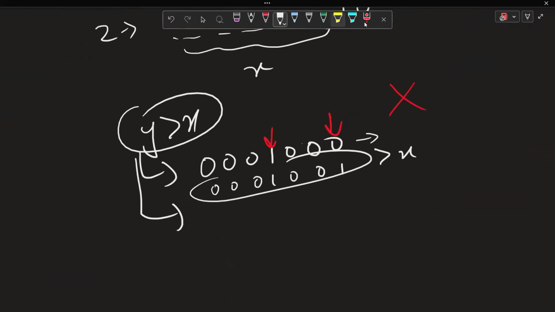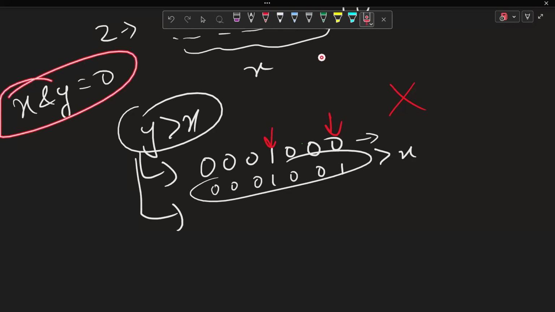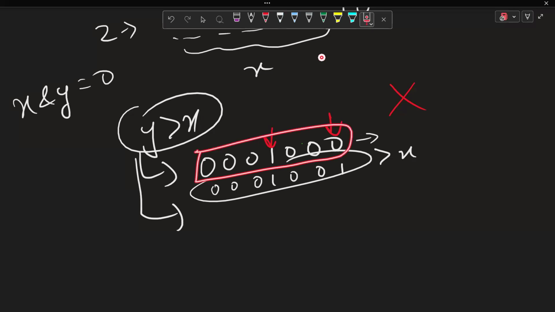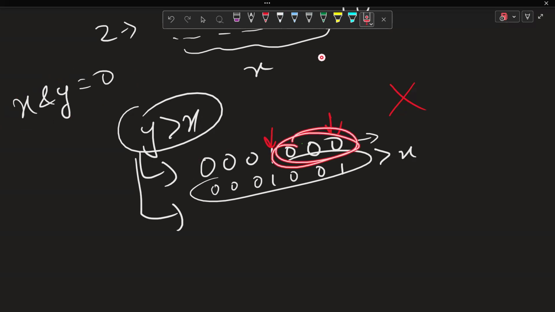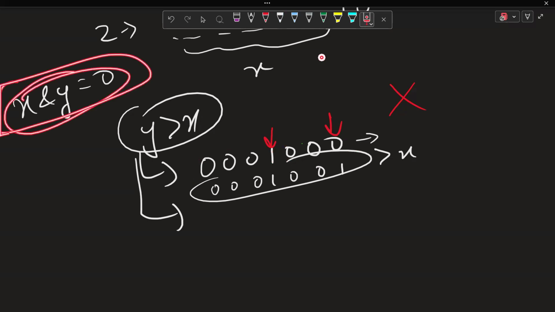Whatever y you pick, you cannot pick y equal to x, you need to pick a different number. So whatever different number you pick, if you are picking any y less than x, definitely this x and y would be 0.